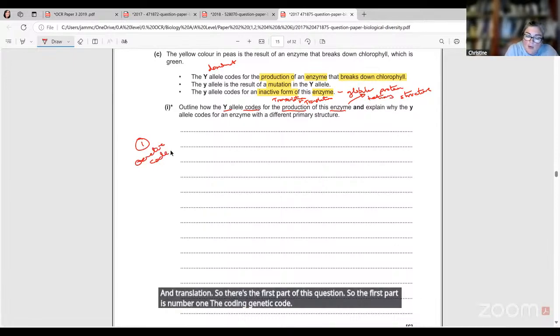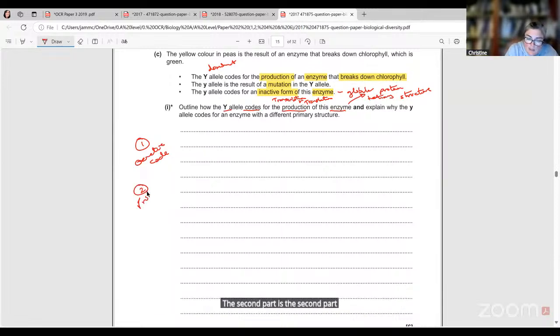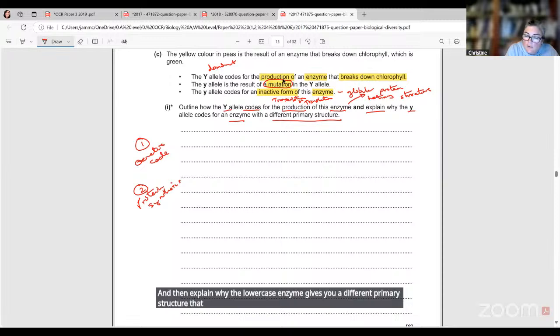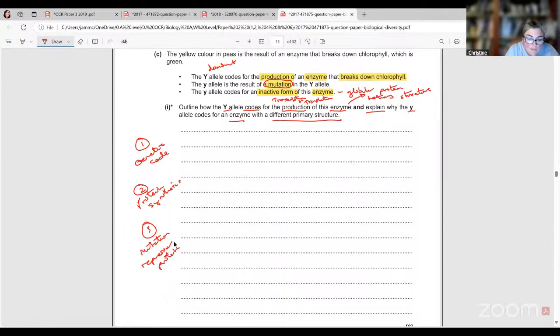The second part is protein synthesis. And then explain why the lowercase allele gives you a different primary structure. We've already seen it's a mutation. That third part to the question is looking at mutation. And then, yes, you could talk about repressor protein, potentially.